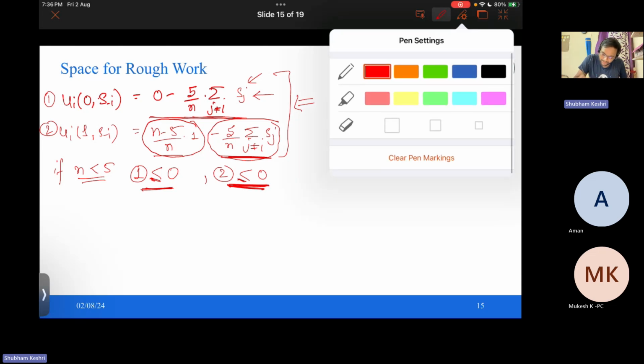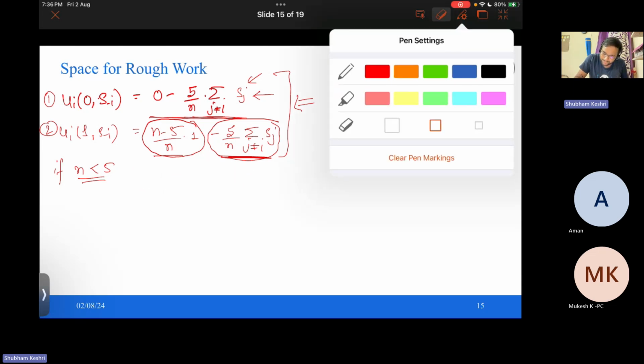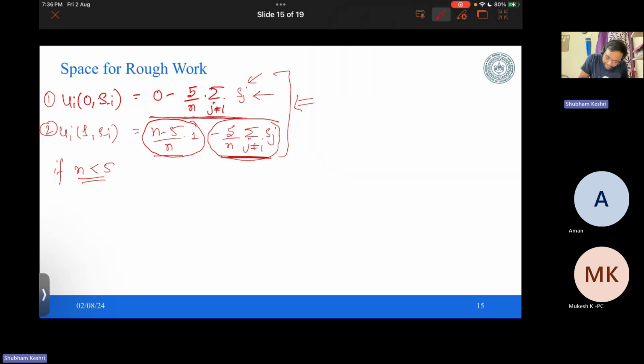So what I'm saying is, I'll just erase this again. So you see, when Sj are 0, all the other Sj are 0, then it will be less than or equal to 0, because it can be 0 as well, right? Because this term can be 0. This summation of Sj, when all the other players are playing 0, then this term can be 0.